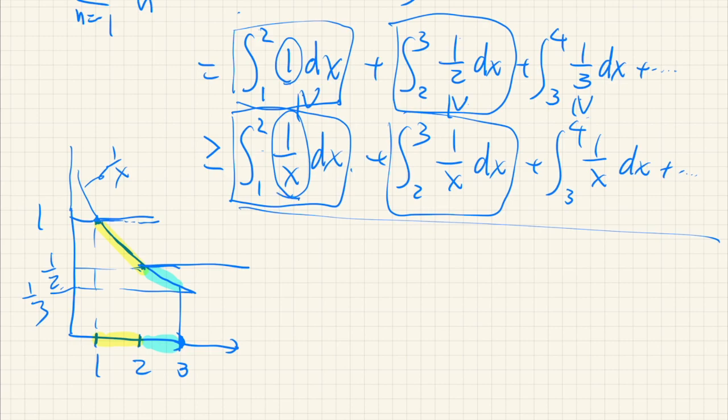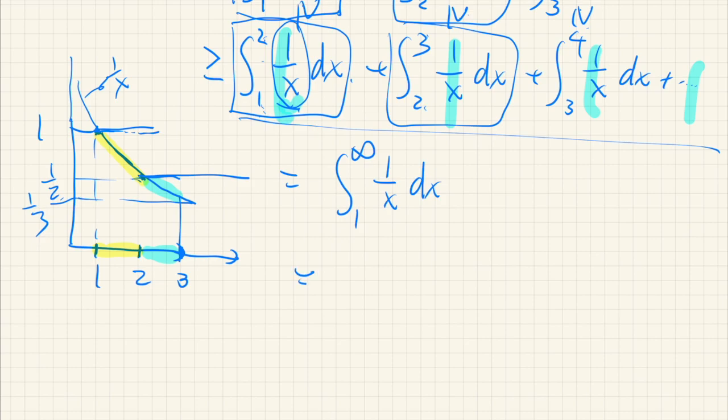Now we have the same function in all the integrals, and we can concatenate these intervals to get the integral of 1 over x dx from 1 to infinity. This is an improper integral, but it is easy to integrate. The result is the natural logarithm of x from 1 to infinity, which is infinity.